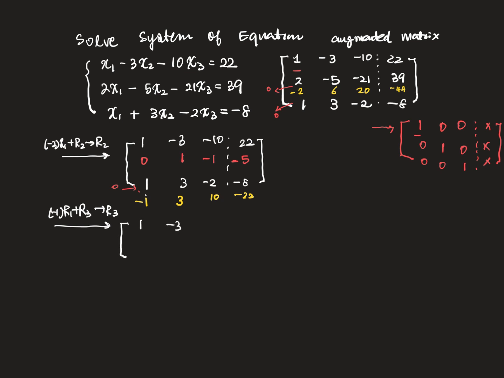The first row doesn't change, the second row doesn't change. The third row changes: 0, 6, and so on. Oh, I'm sorry, I made a mistake, guys. Here it's positive, positive, positive, and here is positive negative 1.